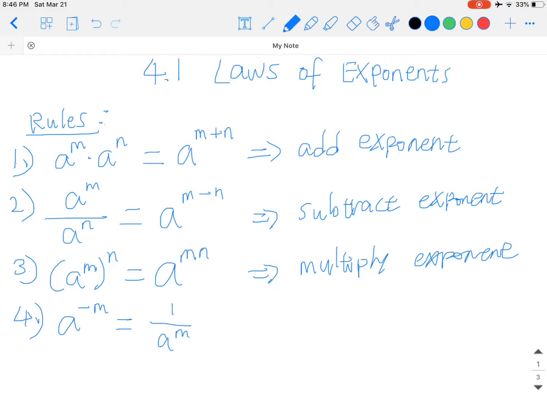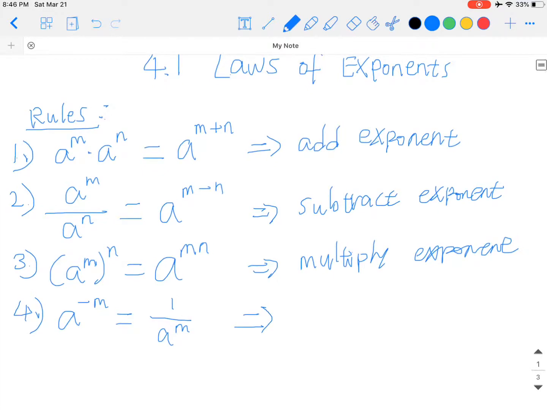So we flip it, taking the reciprocal. When we have a negative, we take the reciprocal and then turn it to positive.